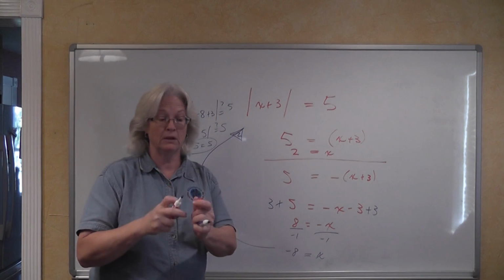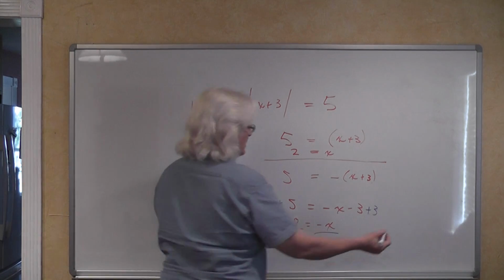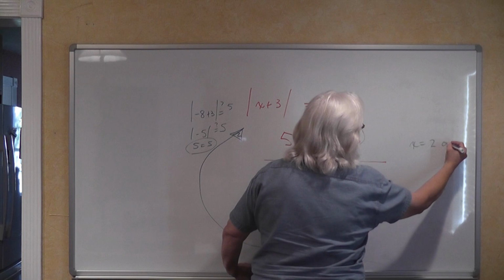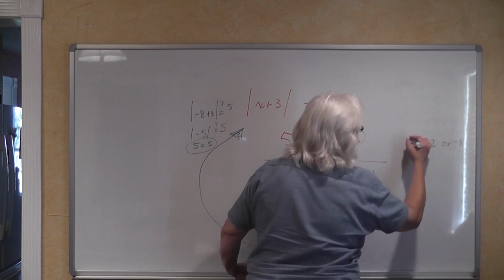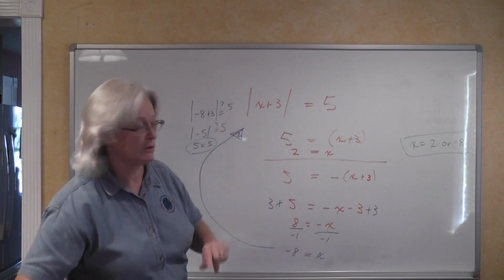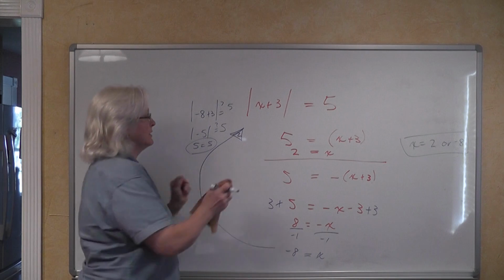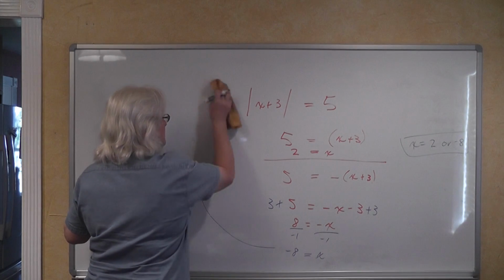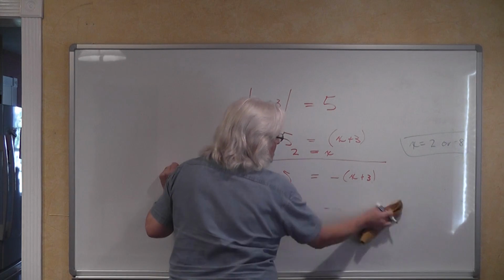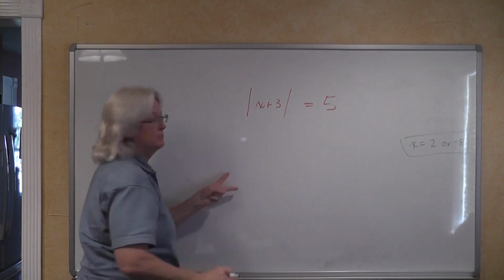Do you see what I did here? I have two possible values for x: x is equal to 2, or x can be equal to -8. I'm going to leave that right there while I erase these two different possible answers. Let's come back to this problem.